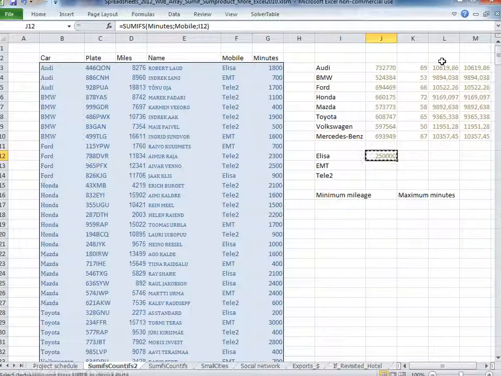250,000 minutes. And other companies are quite at par with that, 254,000, 258,400. But let's see how many people are speaking with those respective phones.